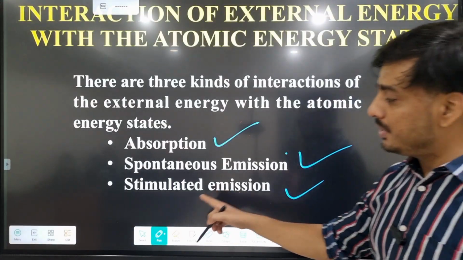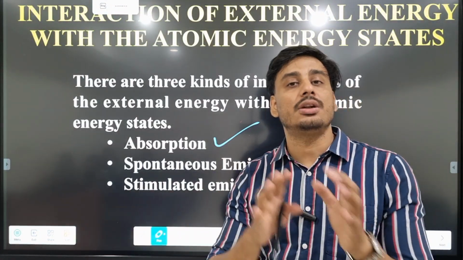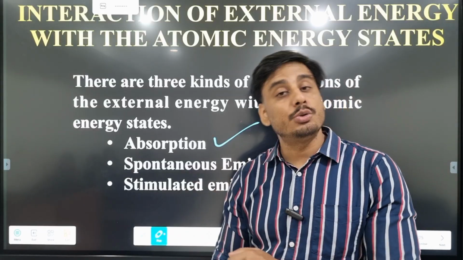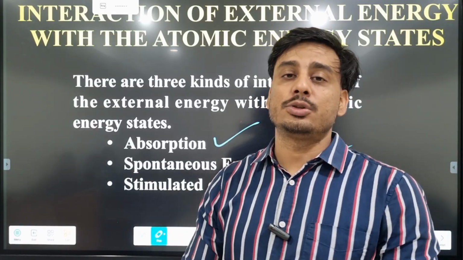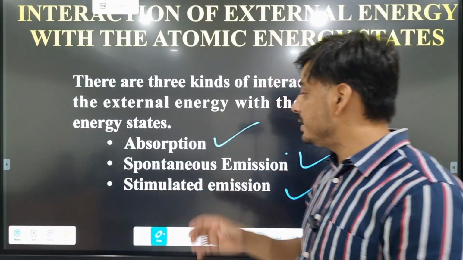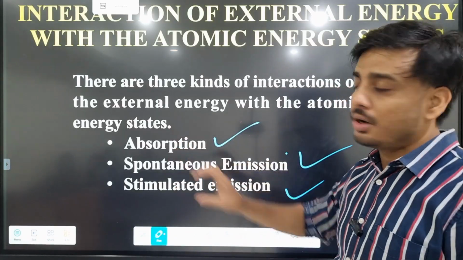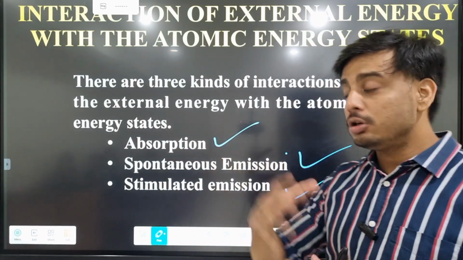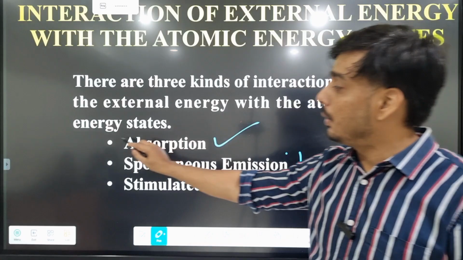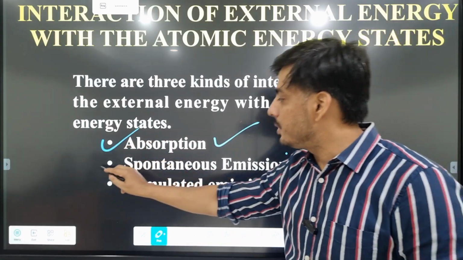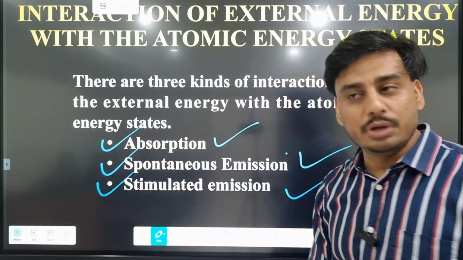This stimulated emission is nothing but where the laser is actually activated, that means we get intense light from the source of the laser. So we will discuss each one of them individually. So externally when we apply energy, it will interact by absorption, by spontaneous emission, by stimulated emission.